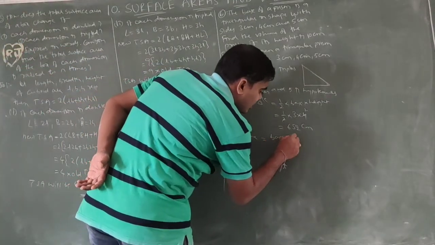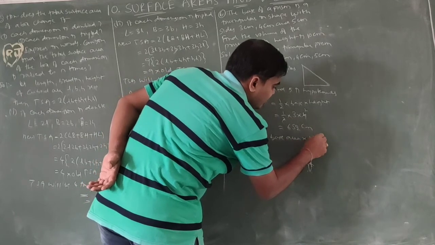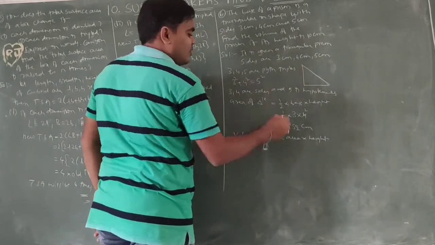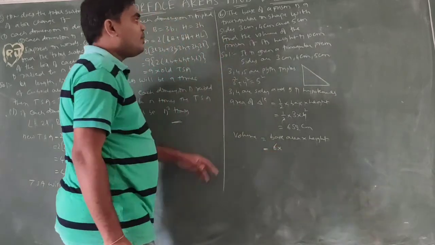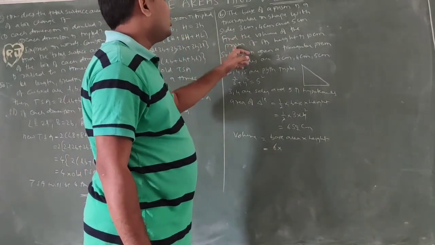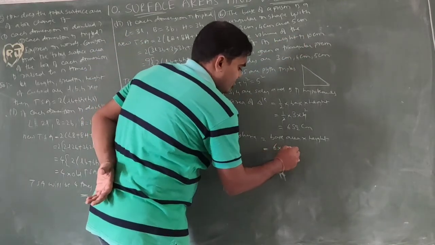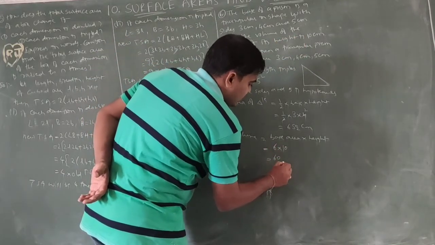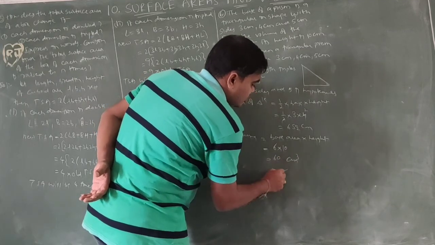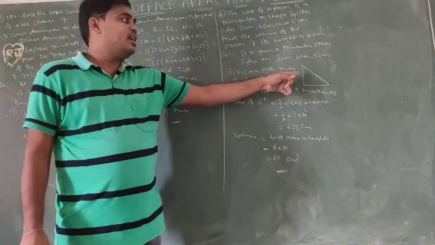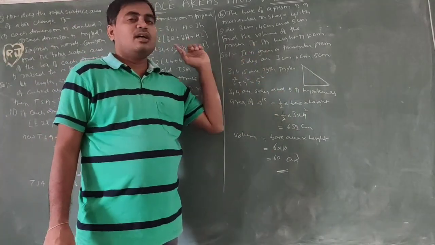Base is in the shape of a triangle, area 6. Height of the prism is given, 10. So 6 into 10 equals 60 cubic centimeters. So this is the value. The height of the triangle is different from the height of the prism.